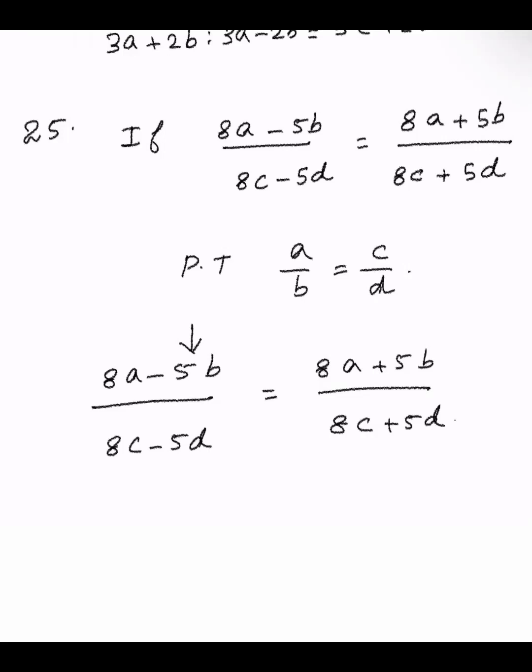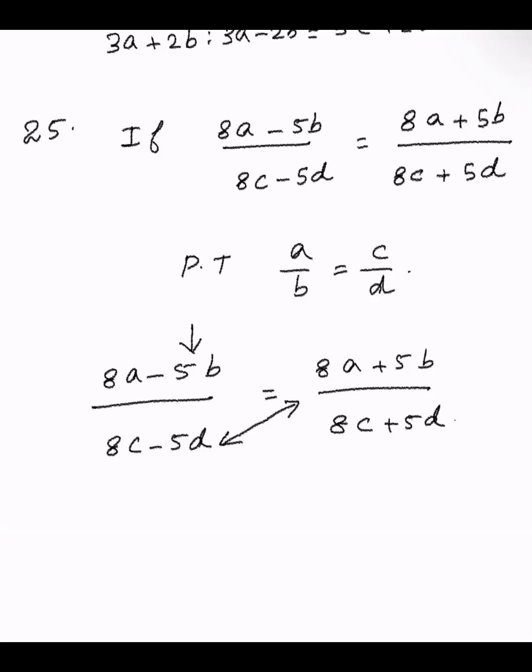That means you move this term to here and just interchange these two. So 8c minus 5d you take to the numerator of right-hand side, and 8a plus 5b you bring to the denominator of the left-hand side. So when you do this interchange, applying componendo and dividendo will give you the result.